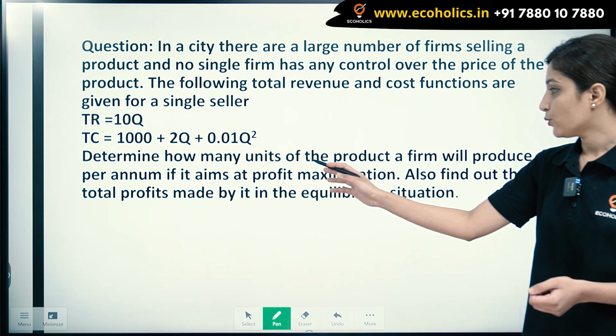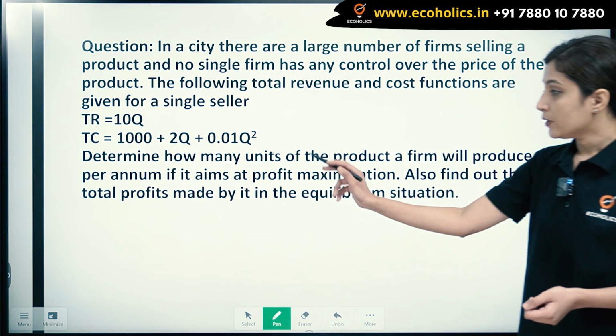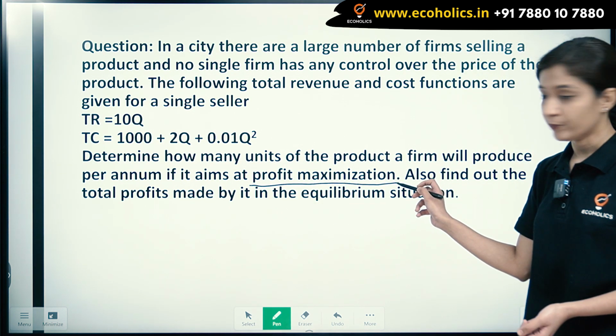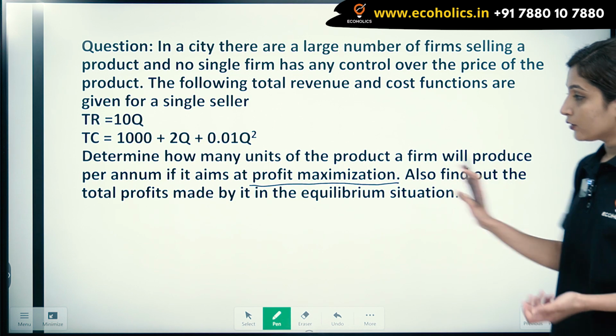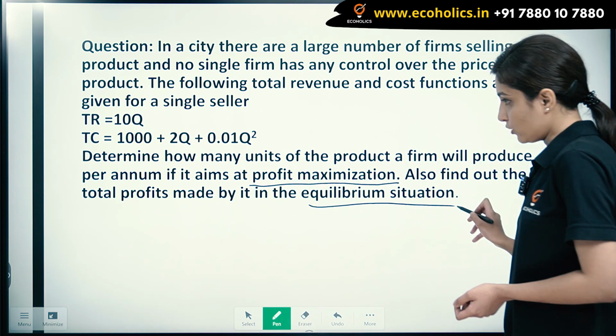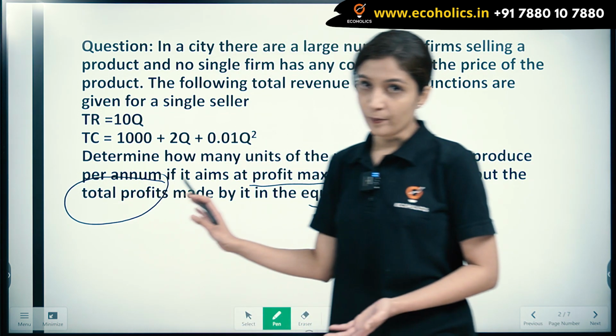Determine how many units of the product a firm will produce per annum if it aims at profit maximization. Also find out the total profits made by it in the equilibrium situation. So we need to find total profits as well.